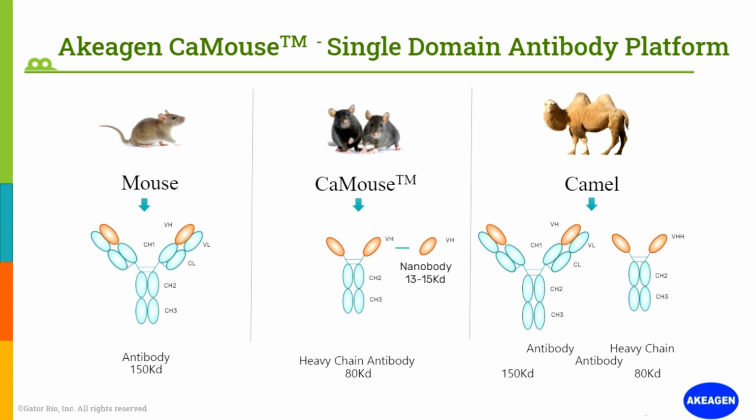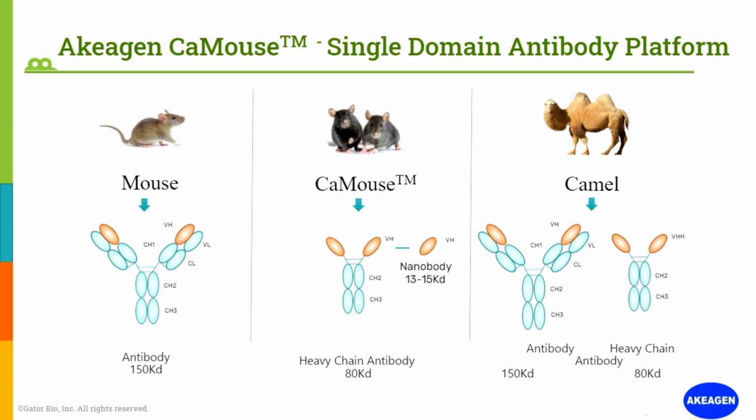So we know that the heavy chain-only antibody was originally discovered in camel by a group of scientists in Belgium. And later there was a company called Ablynx, and they focused on using camelids to generate therapeutic antibody based on the heavy chain-only antibody.